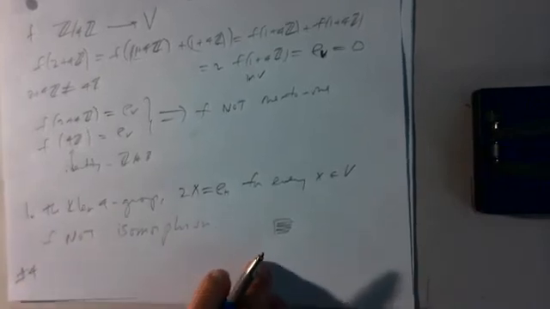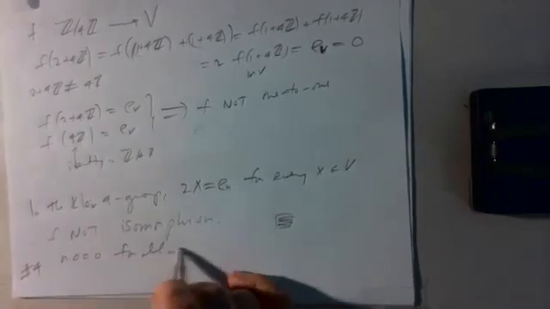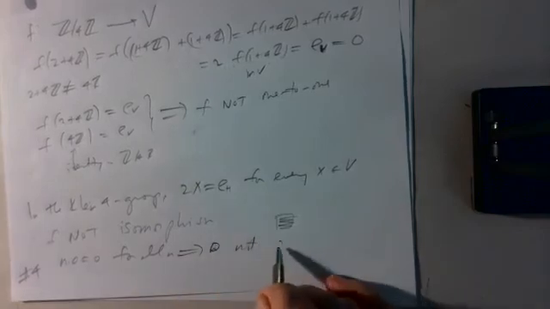For number 4, all you have to say is, first of all, n times 0 is 0 for all n, so 0 is not a generator.